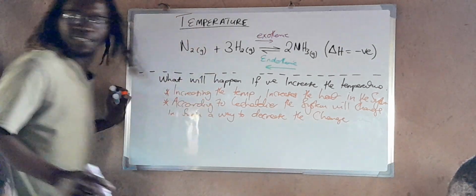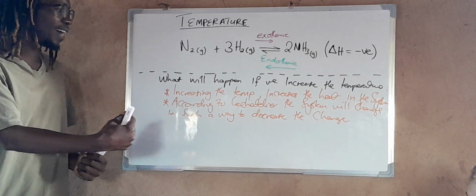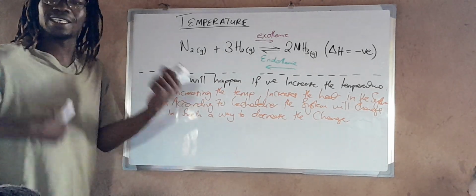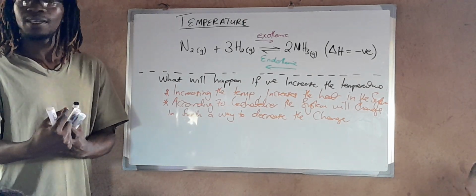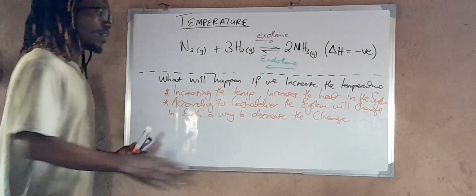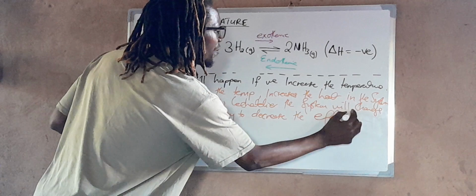Or to eliminate the change, right? So according to Le Chatelier, the system will change in such a way to decrease the effect that was done to this system, right? So let's write that, right? Effect here. To decrease the effect.